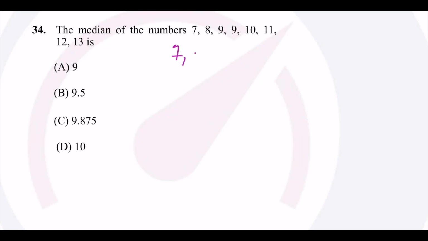So we have 7, 8, 9, 9, 10, 11, 12, 13. And we want to find what number or numbers are in the middle. So we have 1 that goes with that, with that. So we have 2 numbers left in the middle.